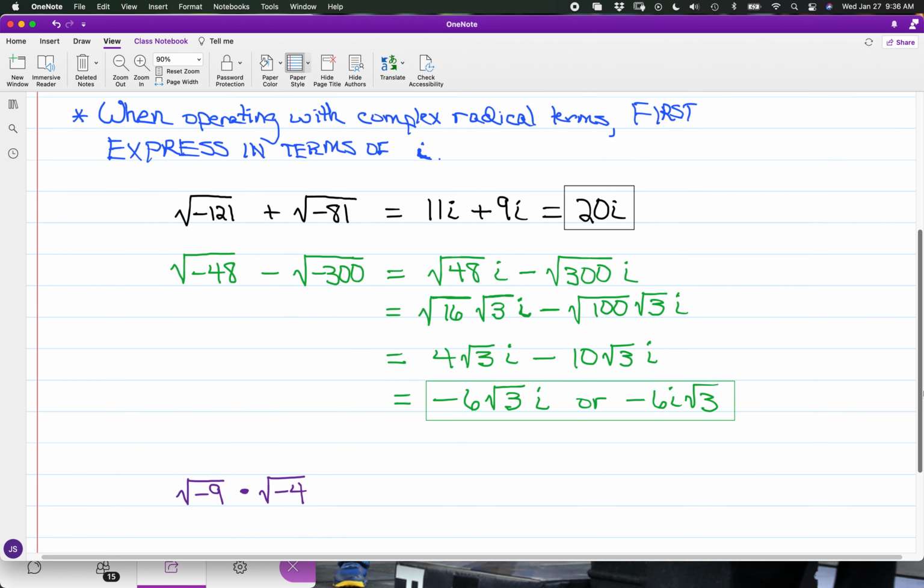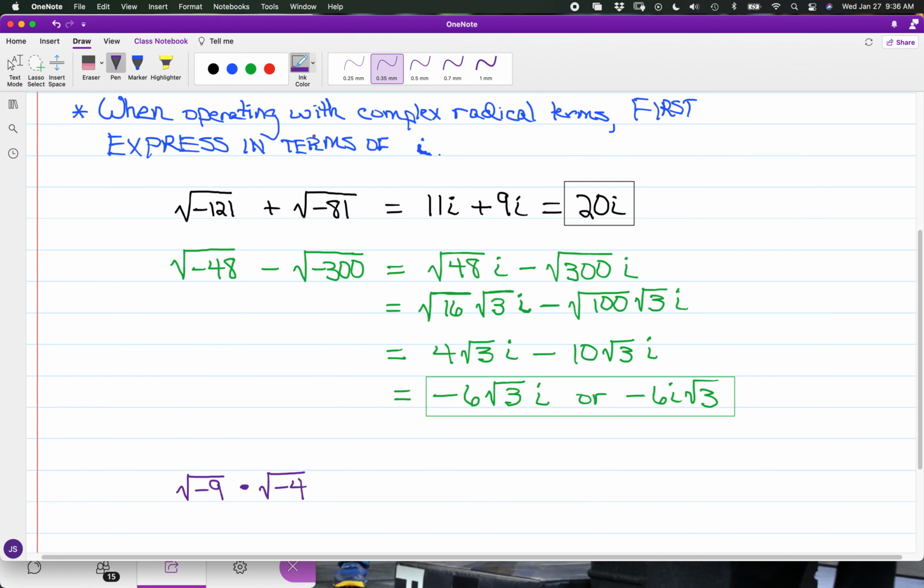What you want to do here, it says when operating with complex radical terms, first express them in terms of the letter i. Now we've got the square root of negative 9 times the square root of negative 4. The reason I'm saying this is a type of problem where it's easy to commit a careless mistake is that we have the same radical, and automatically one might just multiply negative 9 and negative 4 together, say, well, negative times negative is a positive, square root of 36, and the square root of a term cannot reduce to a negative constant, and so the result has to be 6.